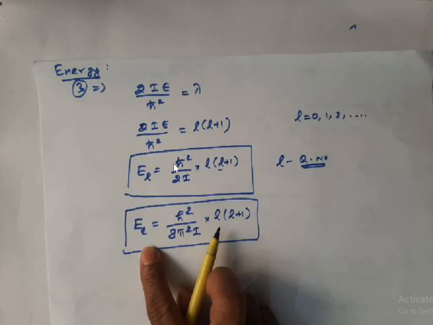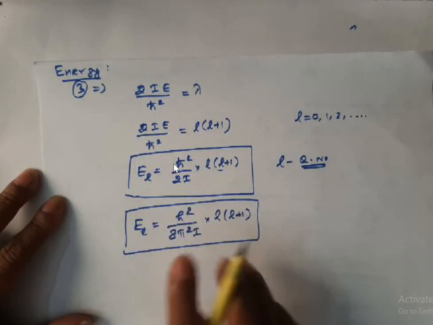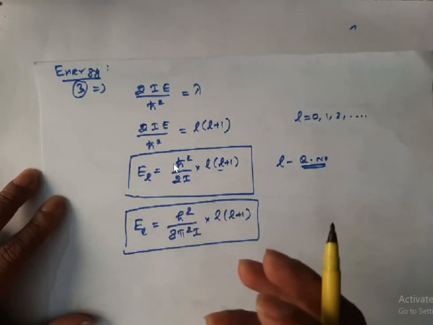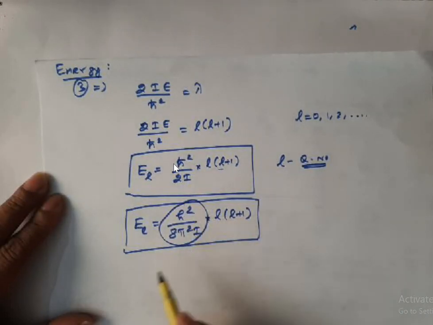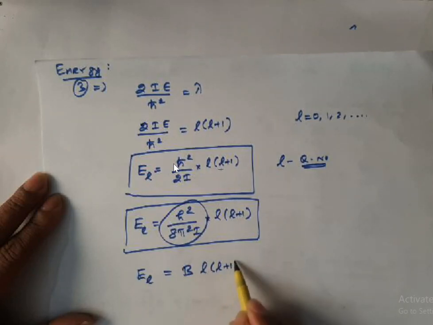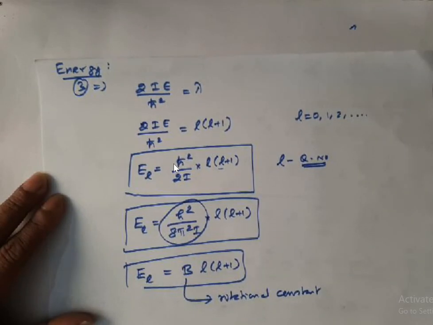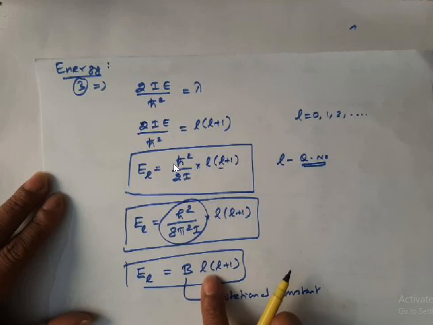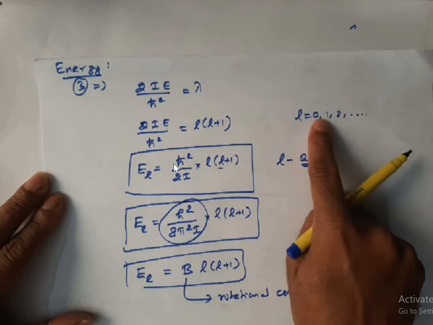So we get the expression for energy for a particle moving on a sphere of constant radius, and the potential energy on the sphere is 0. We have assumed that. Therefore, this is the rotational kinetic energy of the particle. As I told you before, this is nothing but the rotational constant. So you can also write this as B into L into L plus 1, where B is called the rotational constant of that particle.